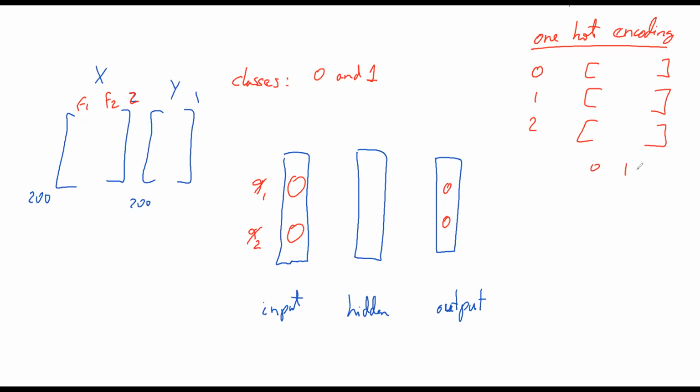Right, so it's like 0, 1, and 2. And then this one would be 1, 0, 0. This one would be 0, 1, 0. This one would be 0, 0, 1. Okay, this is called one-hot encoding. And that's something that you sometimes do with deep learning. Okay, and then in between we have the hidden layers.